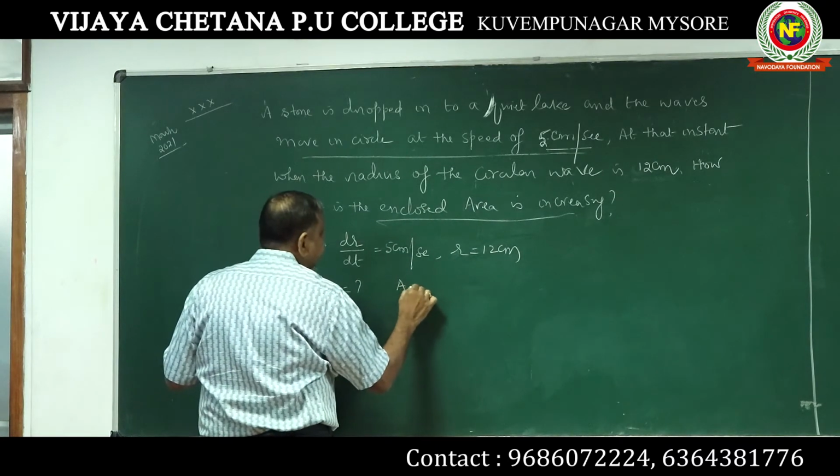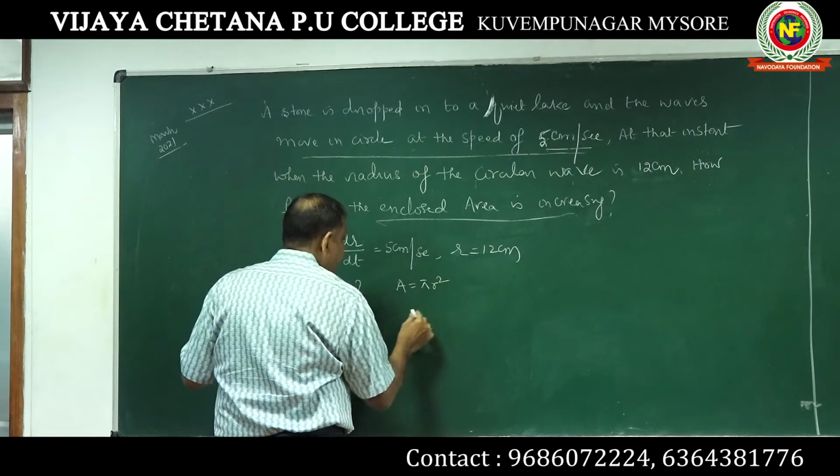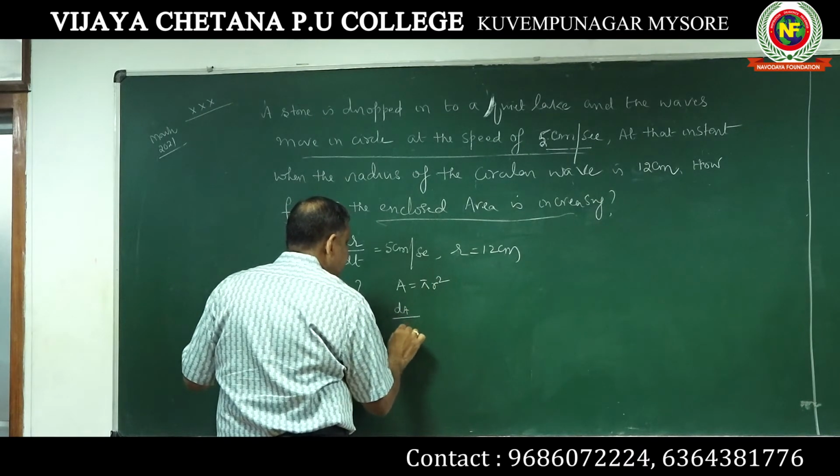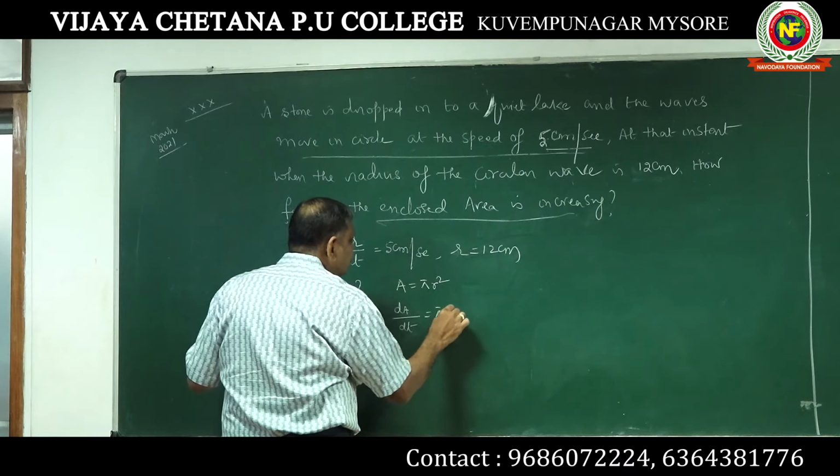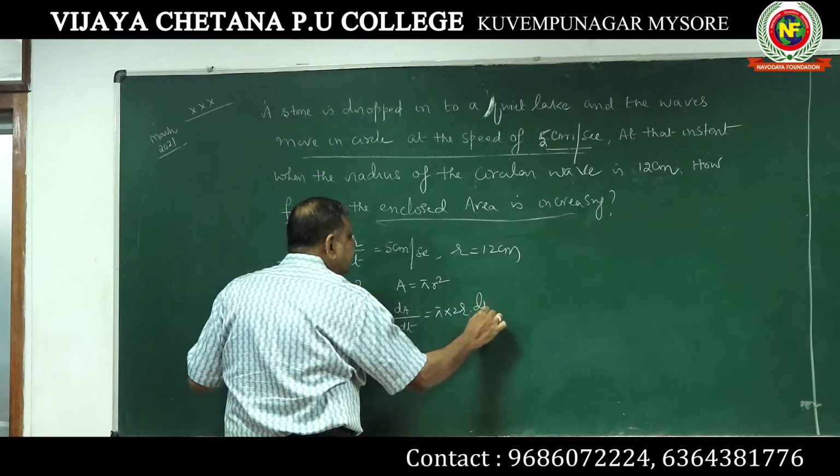You know that the area is equal to pi r square and dA by dt is pi into 2r into dr by dt.